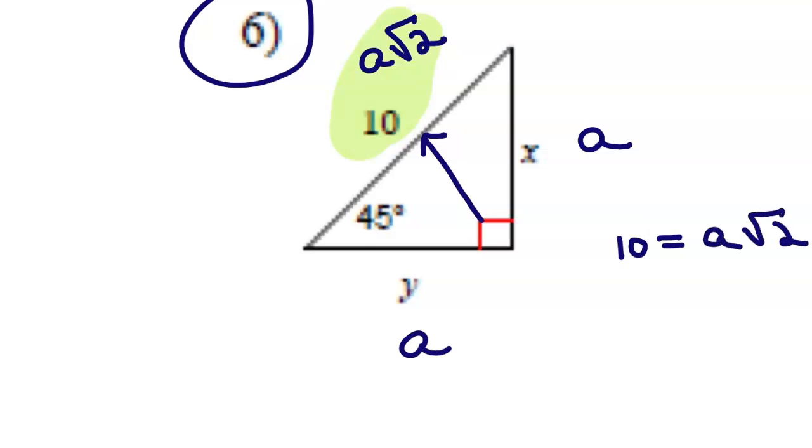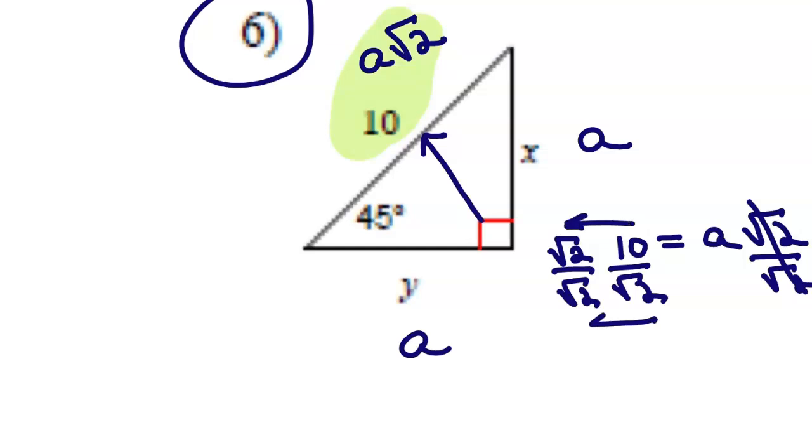I need root 2 by itself. Divide by root 2. Divide by root 2. I can't leave a root 2 in the denominator, so I have to rationalize it by multiplying by root 2 over root 2 and then multiplying straight across. That is 10 root 2 over root 2 times root 2, which is 2.